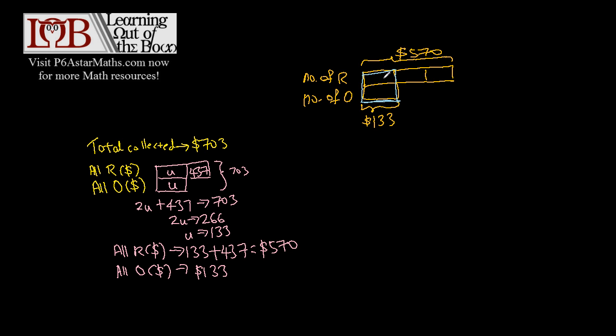Okay, so let's call it parts, because I don't want to call it U, so as not to confuse U with this U. So let's call this parts. So one part of the roses is 570 divided by 3, which is 190.